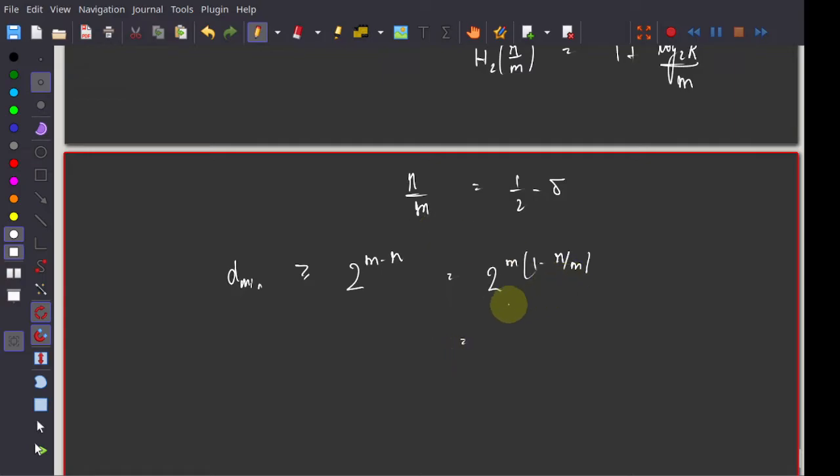So what kind of a minimum distance does this guarantee? It is 2 raised to m into half plus m times delta.